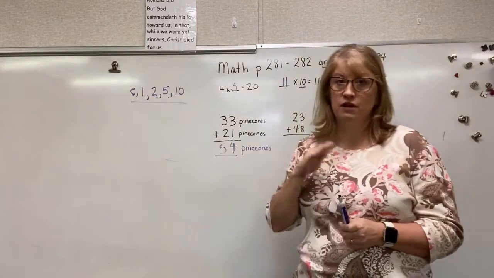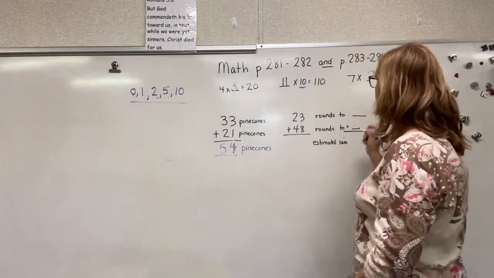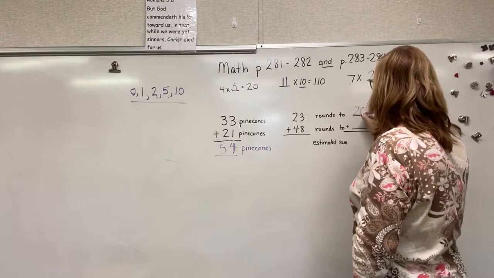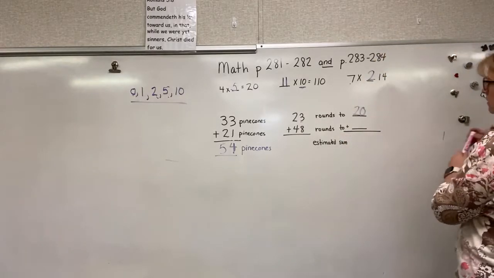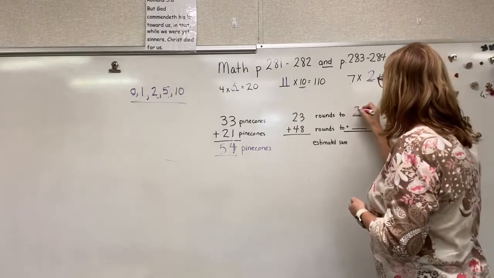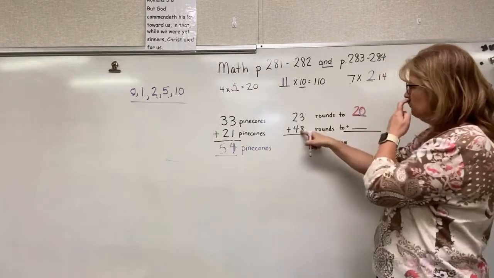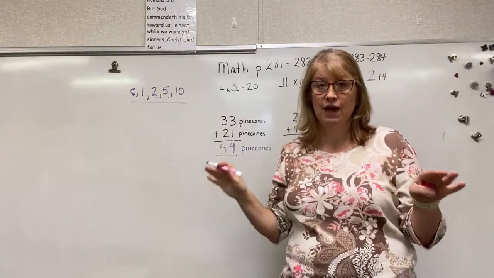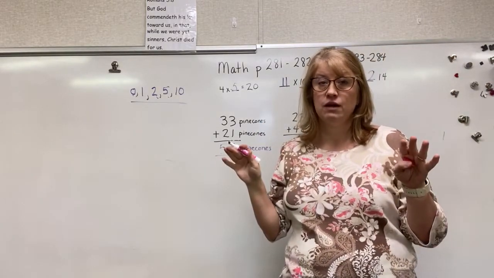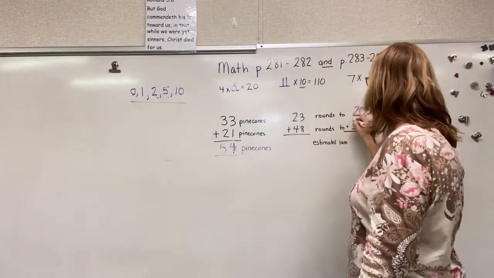It's not 5 or bigger, so it would be rounded to a 20. 48. Is it closer to 40 or is it closer to 50? 8. It is closer to 50.